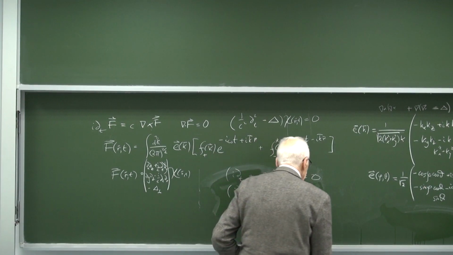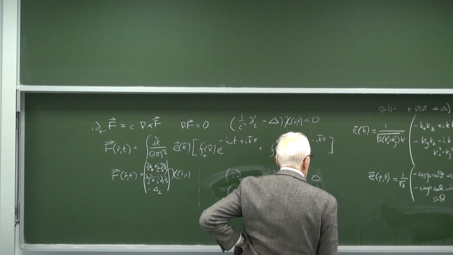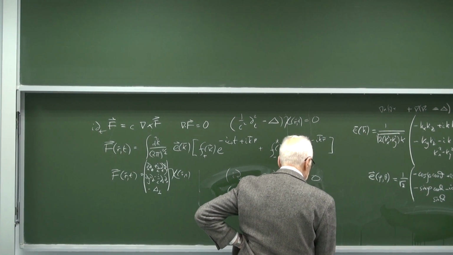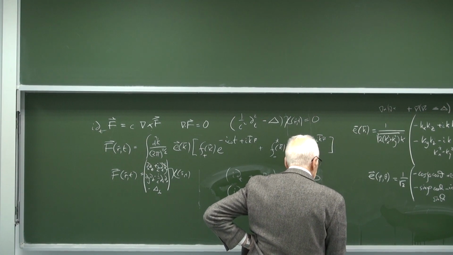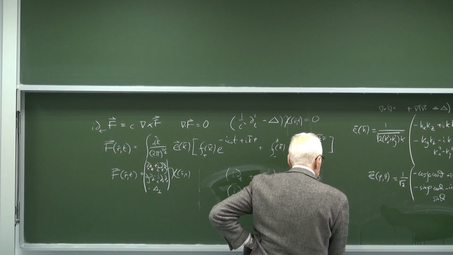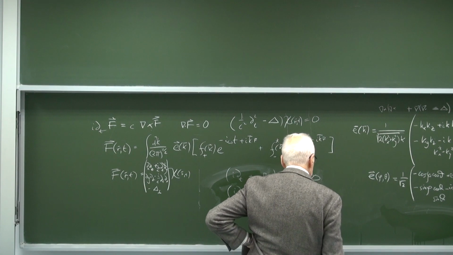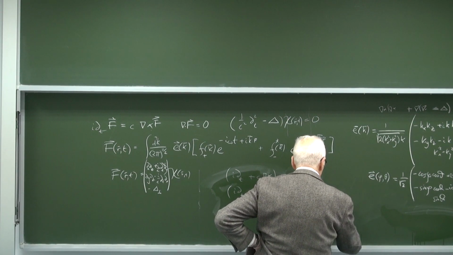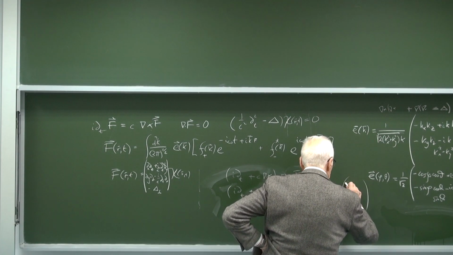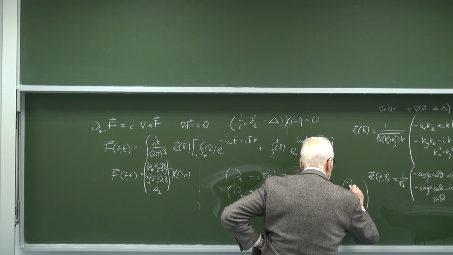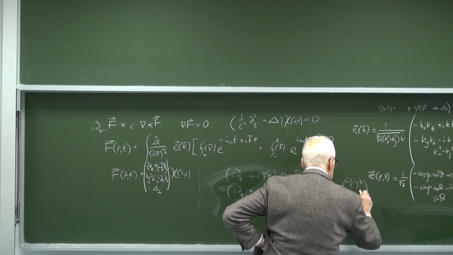Well, it's an angular momentum operator using the quantum mechanical language. However, I drop h bar here because this is all classical. We don't need h bar. So L is simply a vector that has x d/dy minus y d/dx.